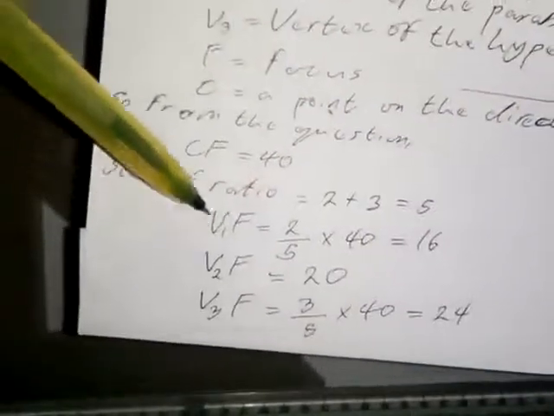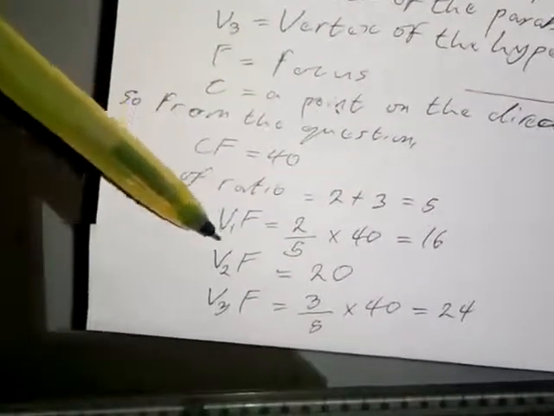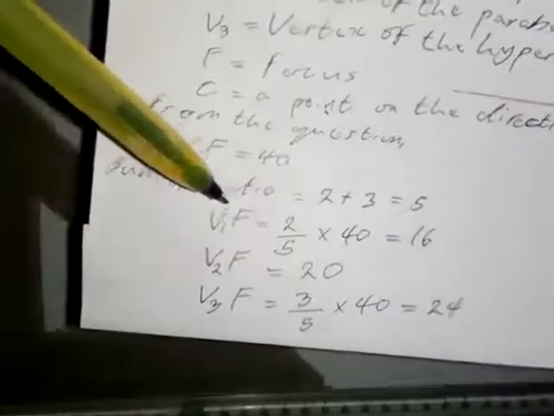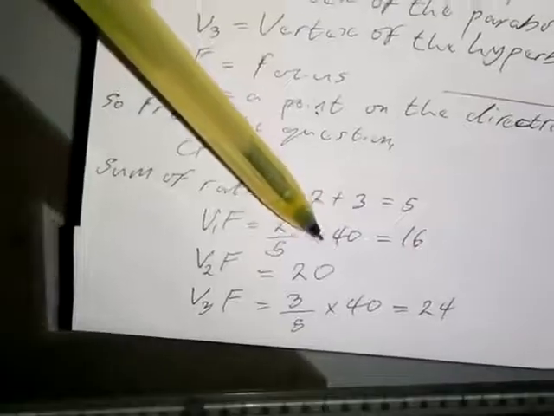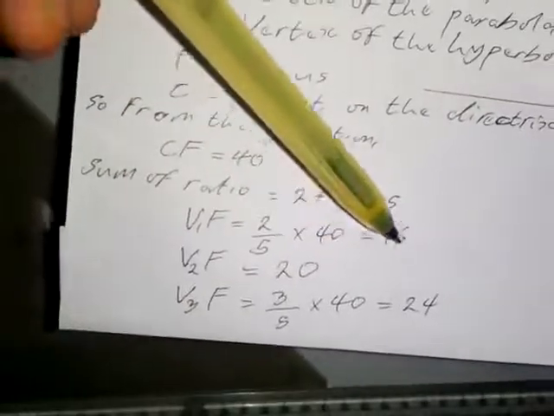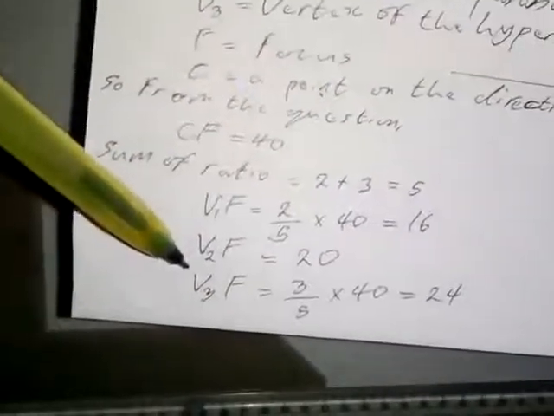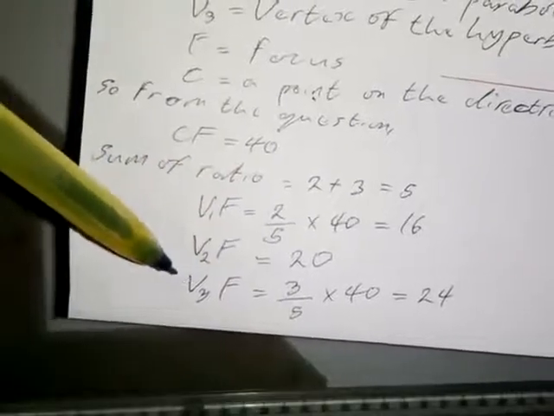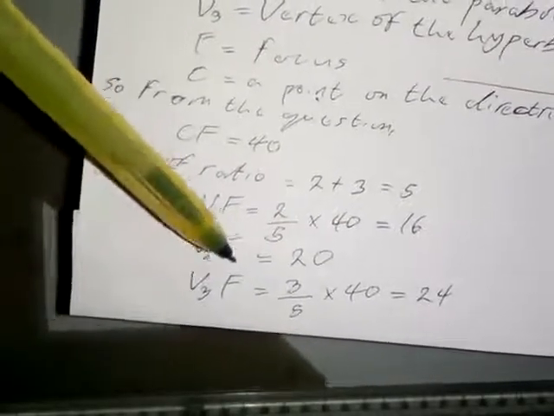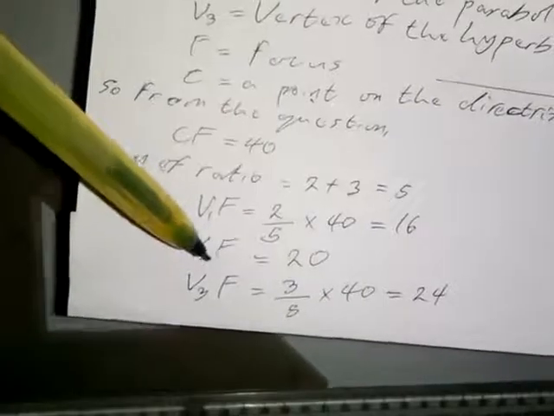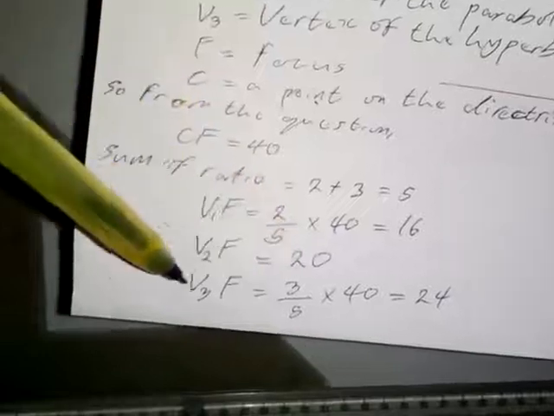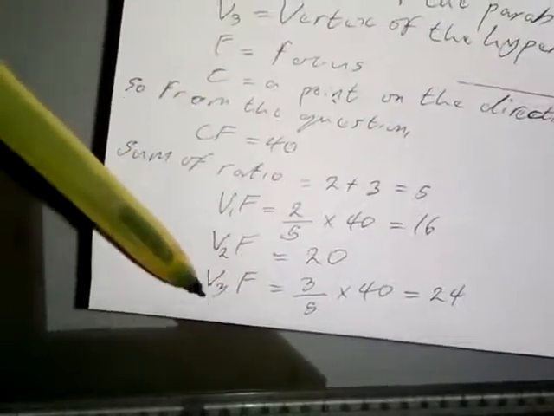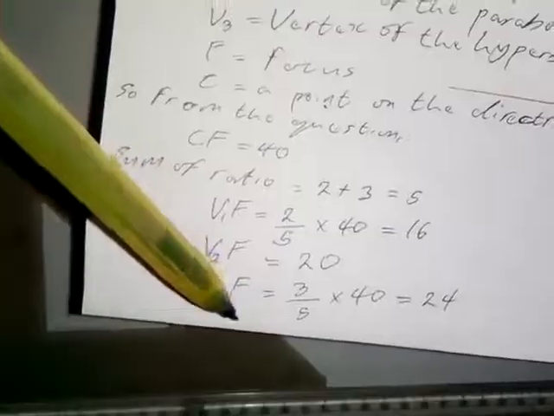It means that V1F, the distance of the vertex of the ellipse from the focus, is 2/5 times 40, which is equal to 16. And V2F, the distance of the vertex of the parabola from the focus, is 20 millimeters. And V3F, the distance of the vertex of the hyperbola from the focus, is 3/5 times 40, which is equal to 24.